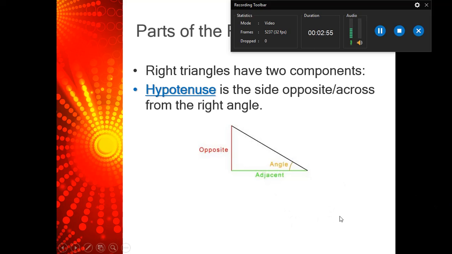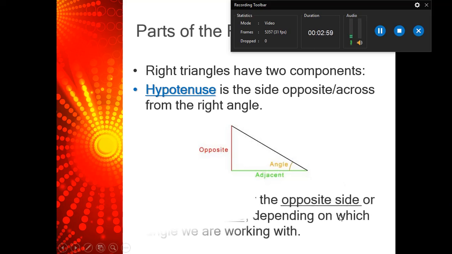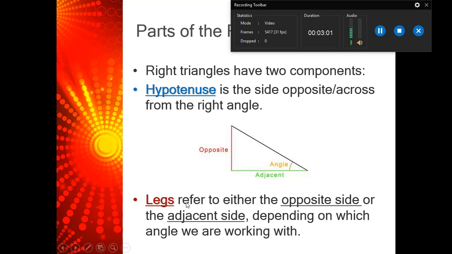The other 2 sides, normally we call legs when we work with the Pythagorean theorem. In trigonometry, the legs refer to the side opposite an angle or adjacent to the angle. And that angle depends on which one I'm working with. So in the picture, there's an angle here highlighted in yellow, but there's also an angle up at the top. So the opposite and adjacent sides will change and they will move.